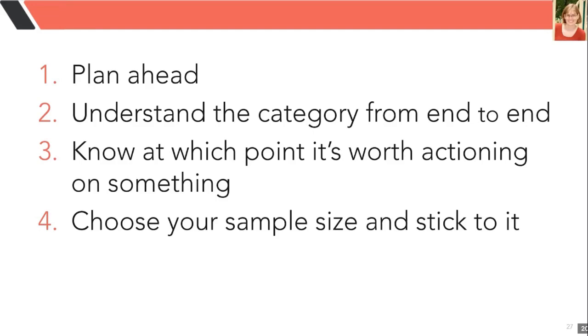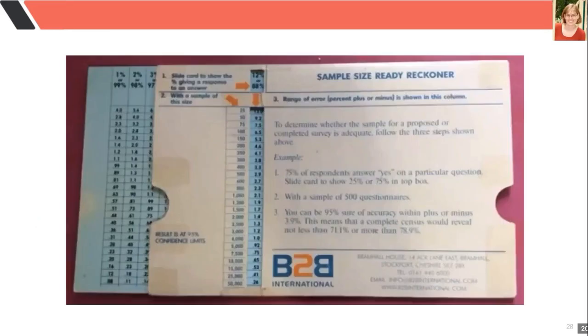I've already designed my research so that anytime I see an effect size I would want to act on, I already know that it's statistically significant. And a bonus, I won't be disappointed when it's significant at 0.6 or 0.4, because those are really no different than 0.5. And by the way, this is the sample size card I got from B2B International just about 20 years ago. It's in rough shape because of how often I use it.